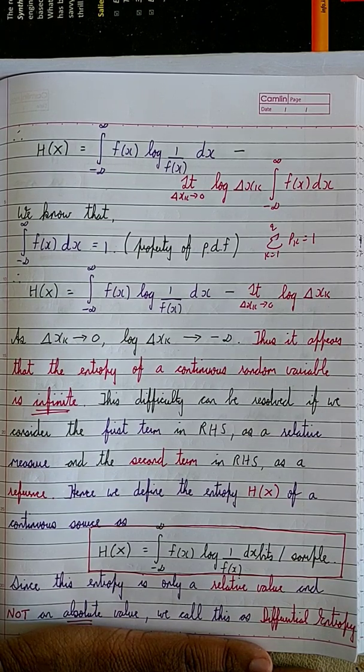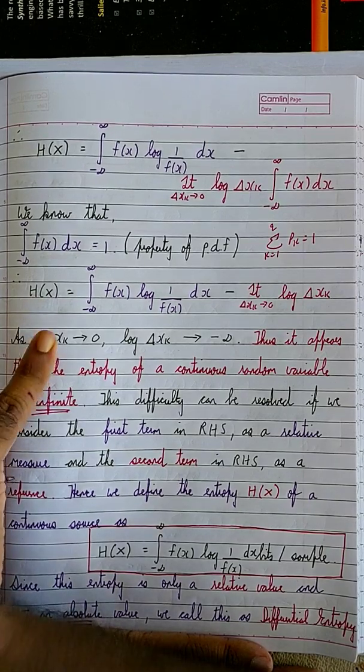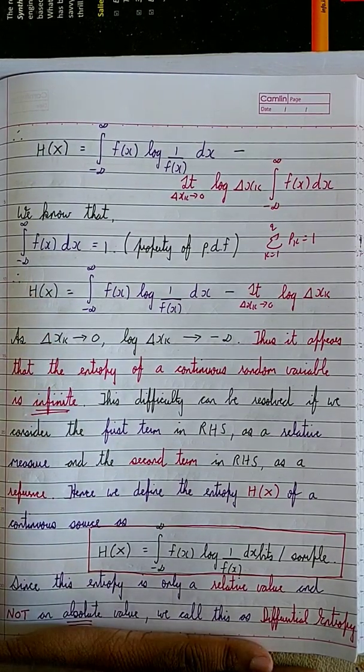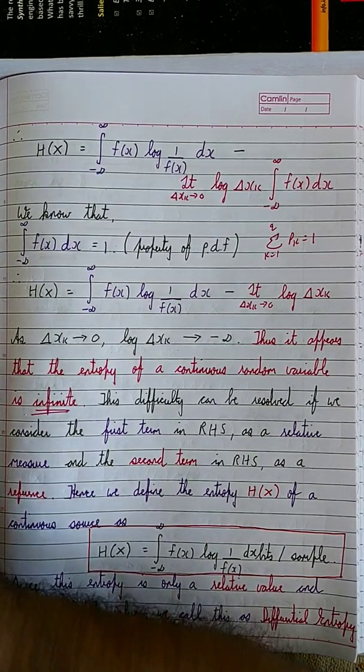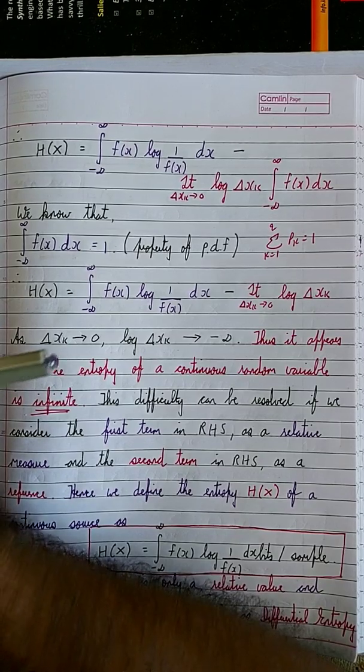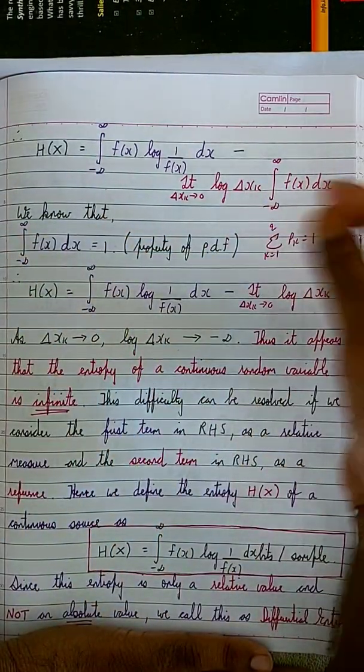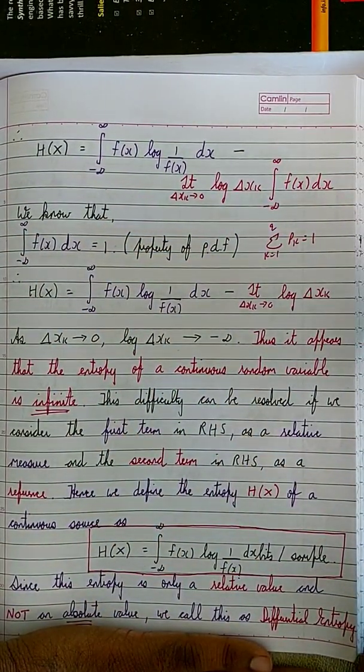This is the problem with the entropy of a continuous time signal. We don't have this problem in the discrete time signal, because in a discrete time signal the number of messages are discrete, right? Between any two transmitted messages, the number of messages will always be discrete.